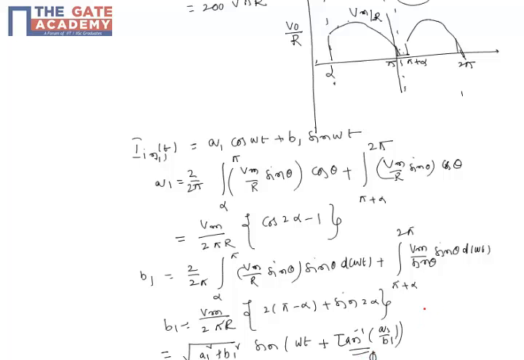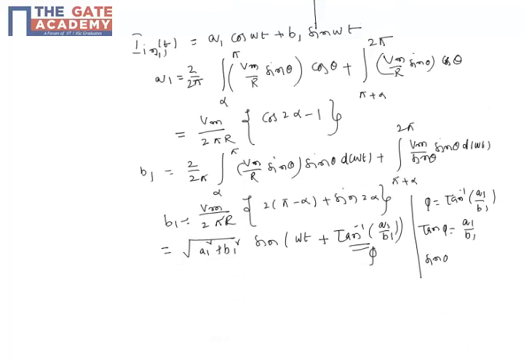So phi equals tan inverse of A1 by B1. From this, tan phi equals A1 by B1. So sin phi equals A1 by square root of A1 square plus B1 square.